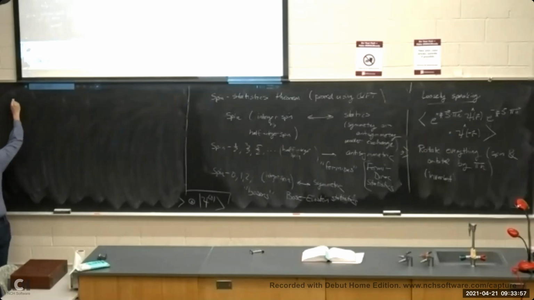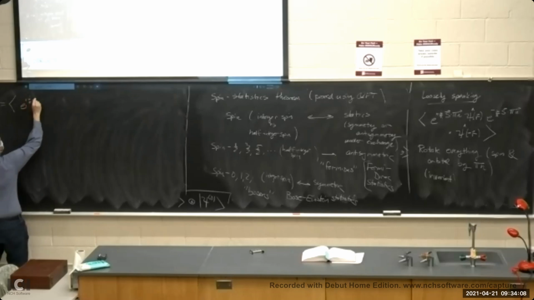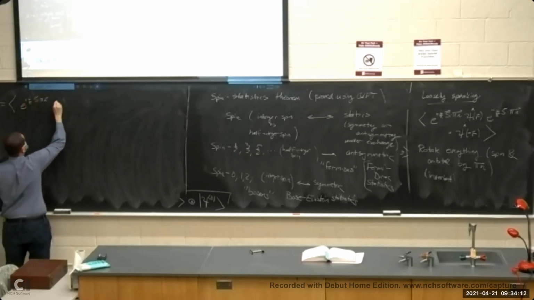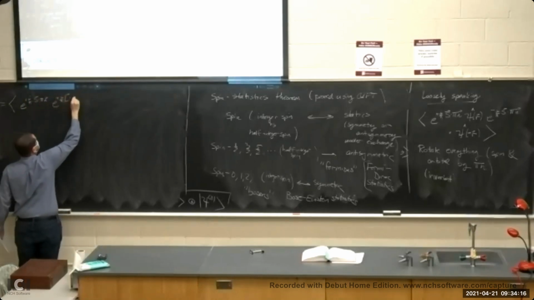So under that transformation, this thing is supposed to be equal to another rotation by pi. So I have U dagger on the left. So I get e to the plus i over h bar S dot pi n from the spin part. I have e to the plus i over h bar L dot pi n.